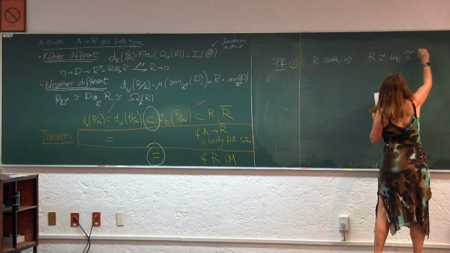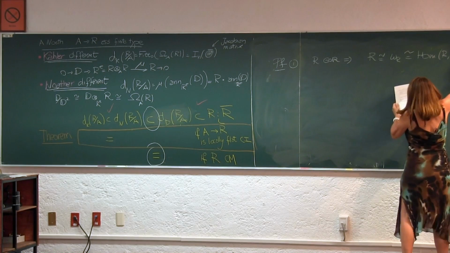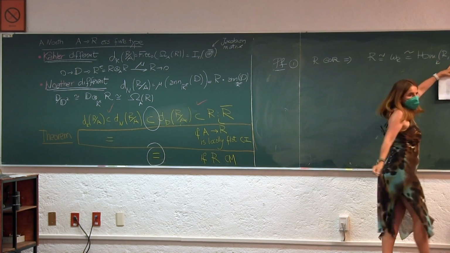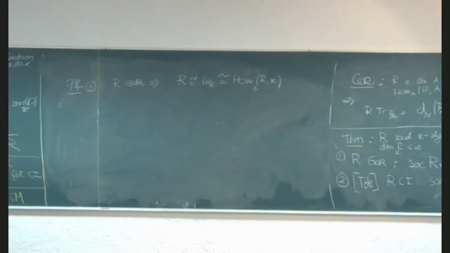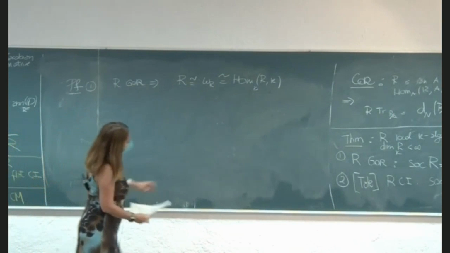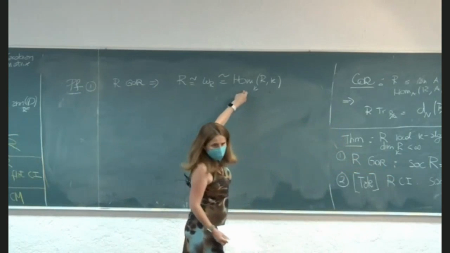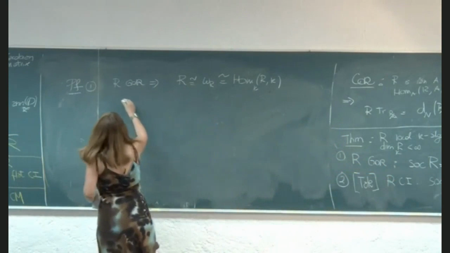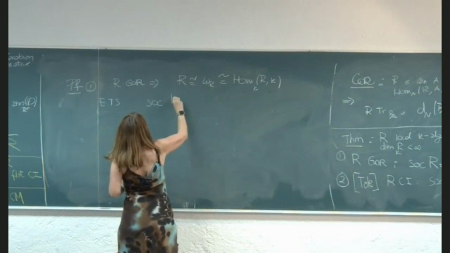And so R is Gorenstein, so it's isomorphic to its own canonical module. And I can write the canonical module as Hom of R against K, because K is also Gorenstein, and this is Artinian. So this is the canonical module.